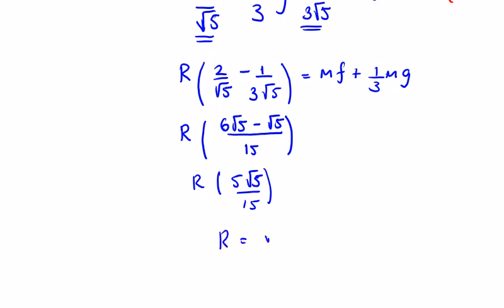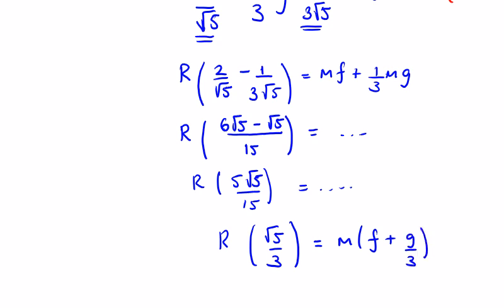R times root 5 over 3 is also equal to this right hand side here, m times f plus g over 3. Is that right? mf plus mg over 3.